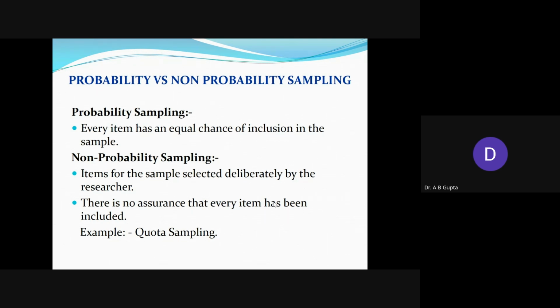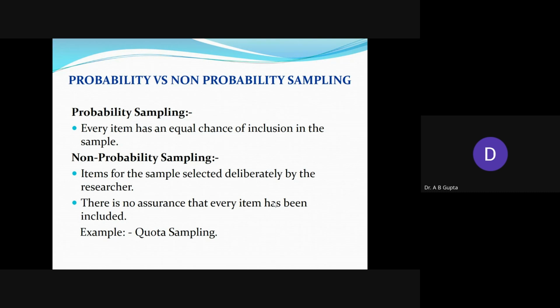Probability sampling means when you have an equal chance of inclusion in the sample. I mean, if there are 100 people and I want to select 5 people, I just write the name of 100 people, put it in a box, put it in a hat, and take out the slip, and so every person has an equal chance of inclusion in the sample.